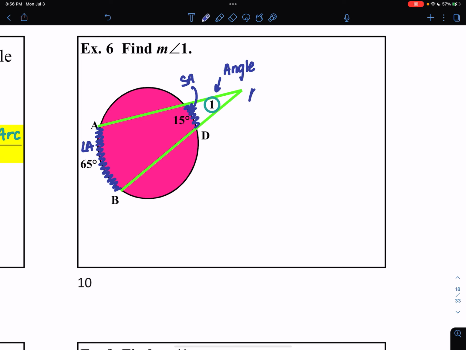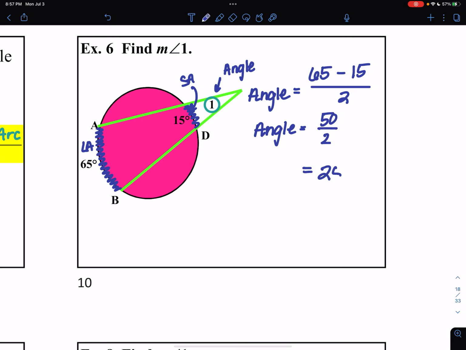So we know that the angle is equal to the large arc, which we said was 65, minus the small arc, which we said was 15, divided by 2. So in this case, our angle is equal to 50 over 2. So the measure of angle 1 is 25 degrees.